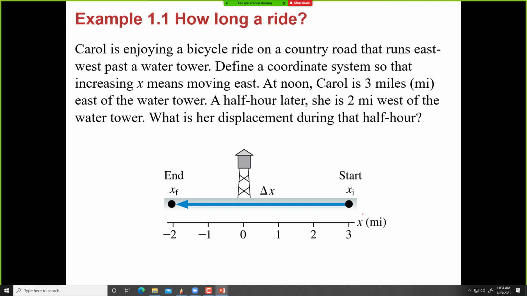So that's the starting point. She starts 3 miles east of the water tower. And then in half-hour time, she would be 2 miles west of the water tower. 2 miles west means negative. So that's our final position.